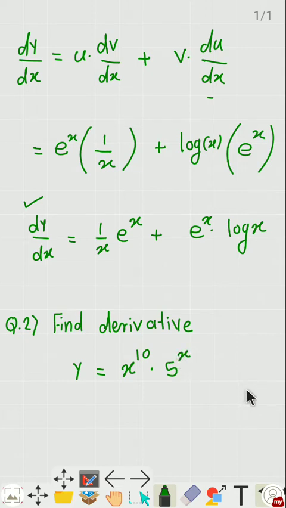Okay, so see here, this is also a product of two functions, first function and second function, and we have to find the derivative.